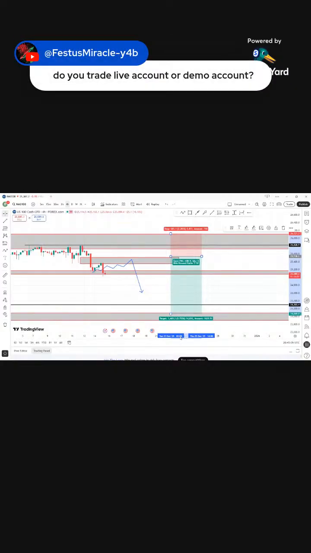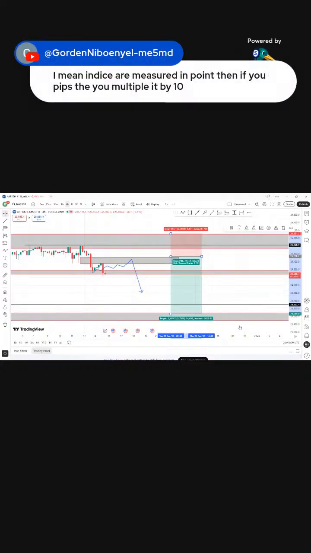Let me see. Do you trade live account or demo account? Indices are measured in points. Then if your pip, you multiply it by 10.